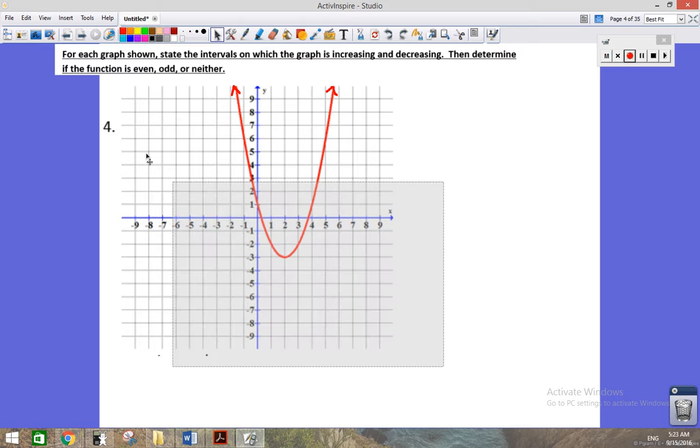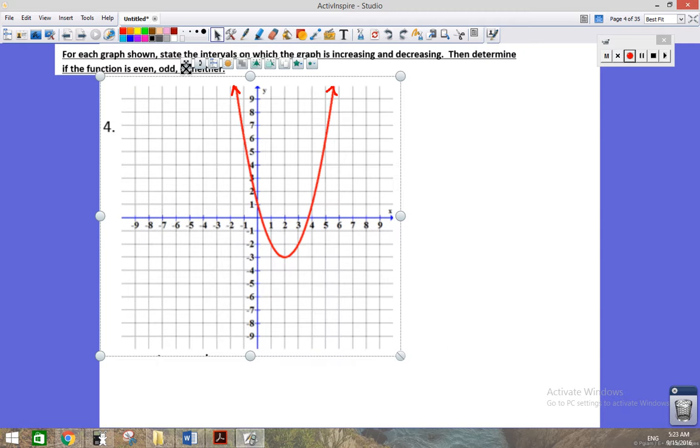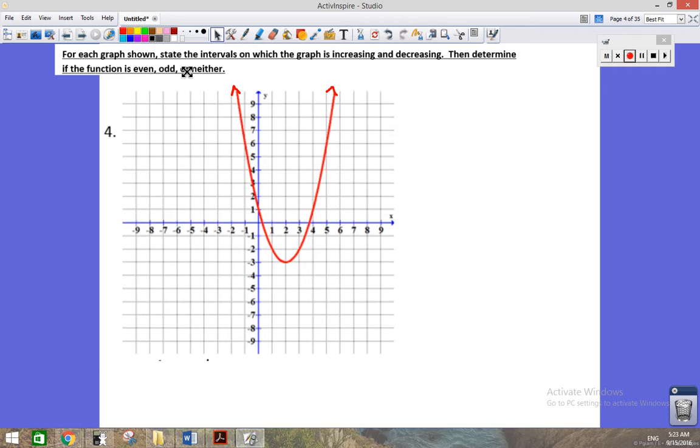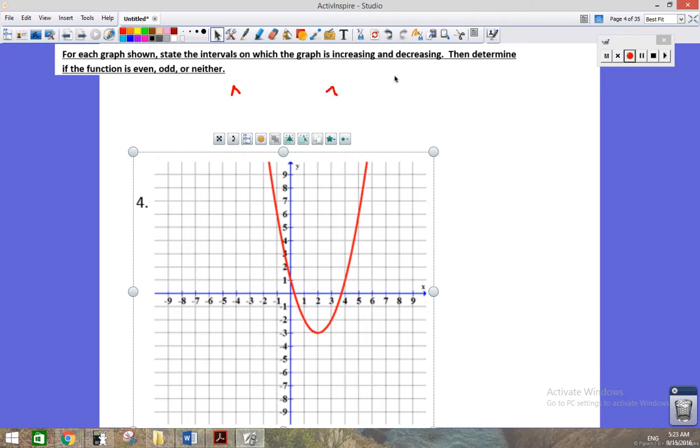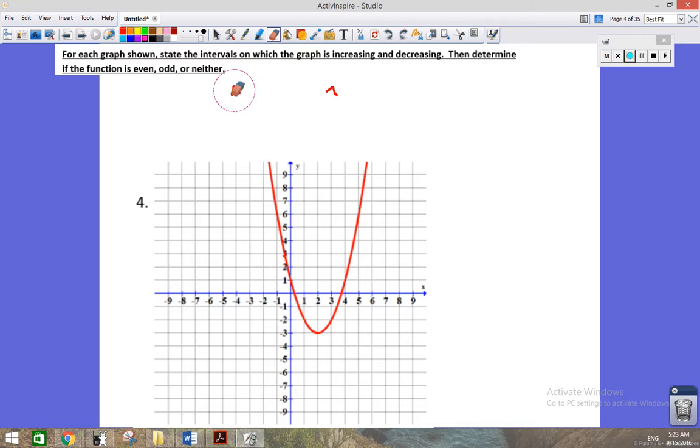So I can put arrows there and argue that this is going on up forever. Now I also notice that as I'm moving to the left, it's going up.